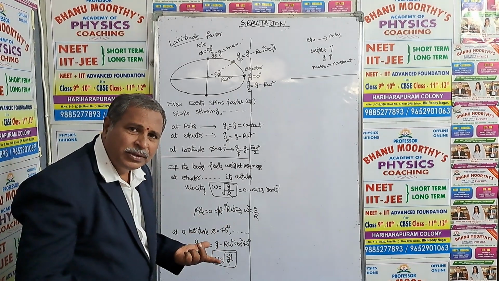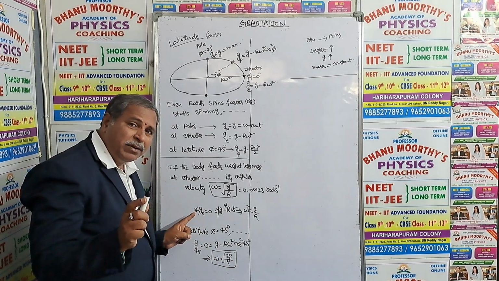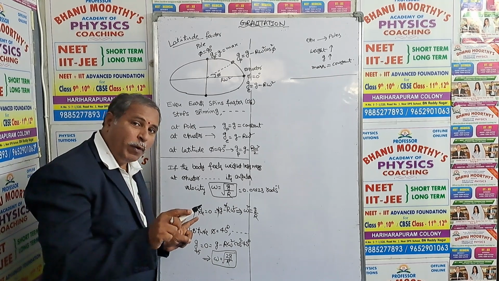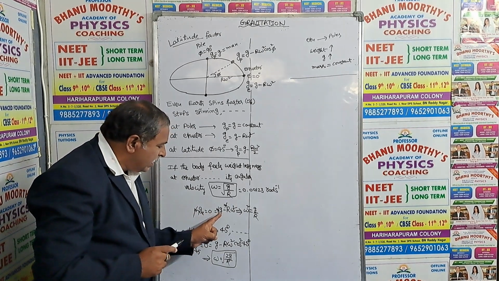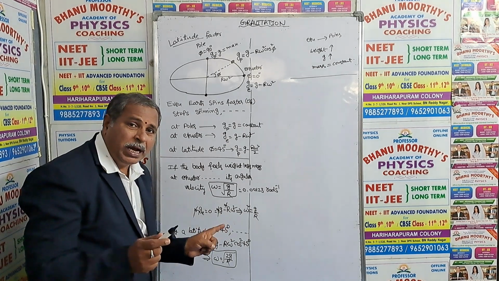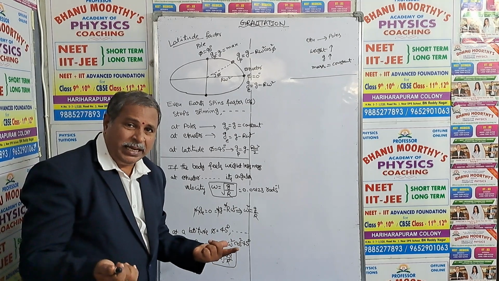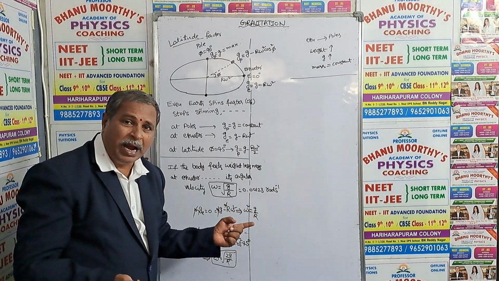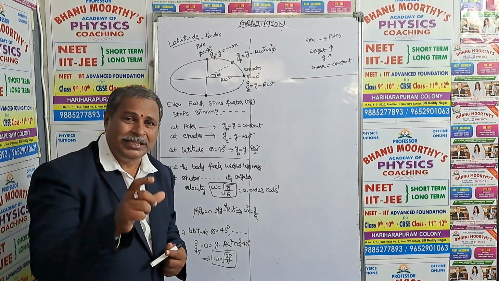So no preference is given to mass. If the weight of the body becomes 0 at the equator, so g_e becomes 0, then g minus r omega square becomes 0, then r omega square equals g, omega square equals g by r, omega equals under root g by r. So this is the method.